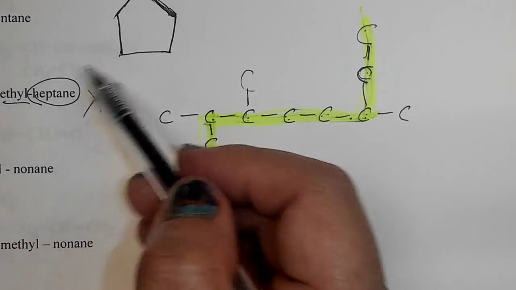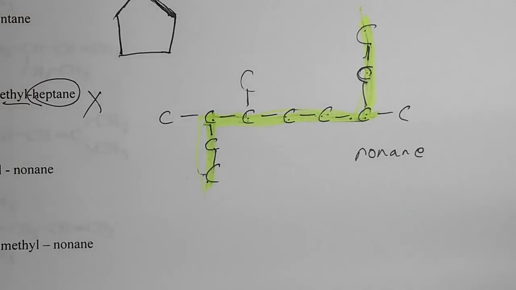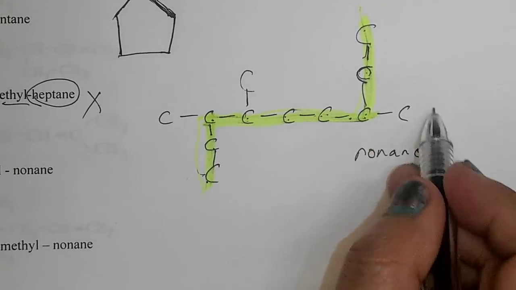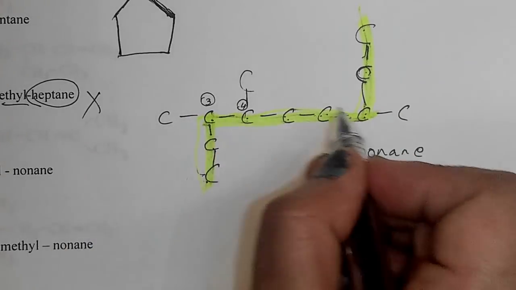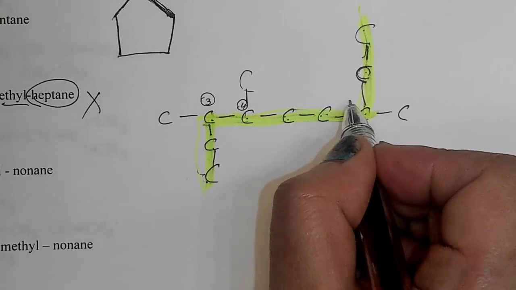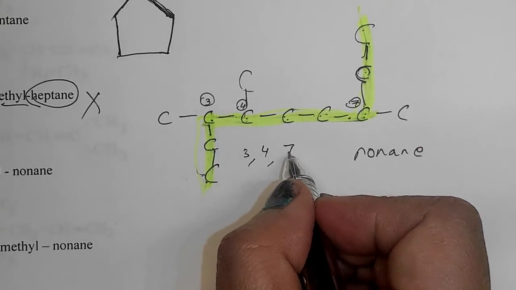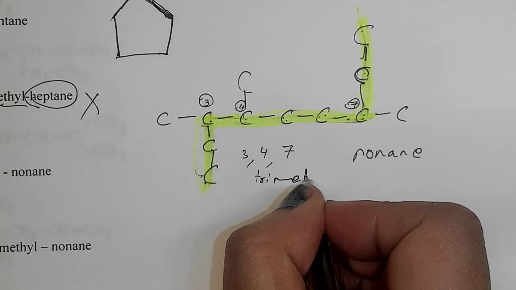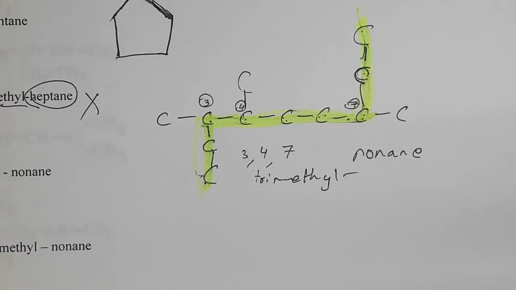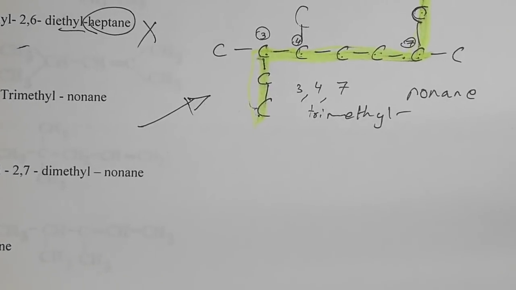If you want to name this, it is nonane, and it has carbons on 3, 4, 5, 6, 7. That means it should say 3, 4, 7 trimethyl if you have that graph. Not the other name, which, by the way, I just drew, 3, 4, 5, 7 trimethyl.